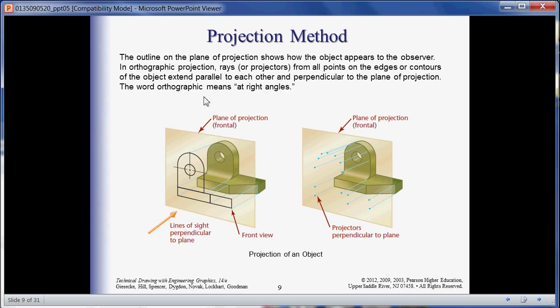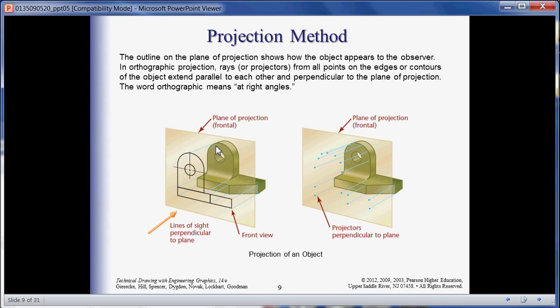Okay, now the way to understand projection, that's a magic word there, is that if I have a plane of glass, this is the pane of glass that your eyes see. You have a 3D object behind it.